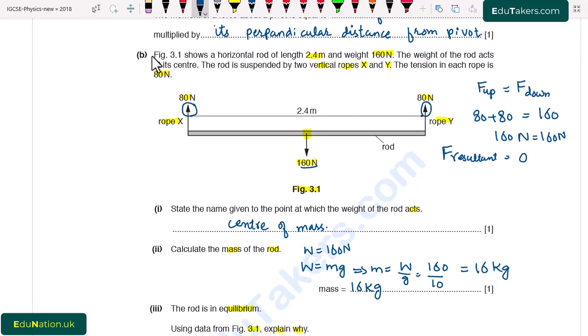First condition is that the sum of all the forces acting on this is equal to 0, because the upward forces are equal to downward forces.